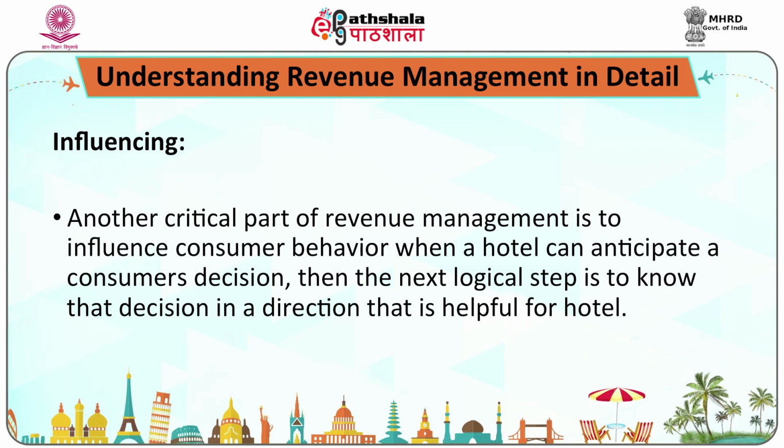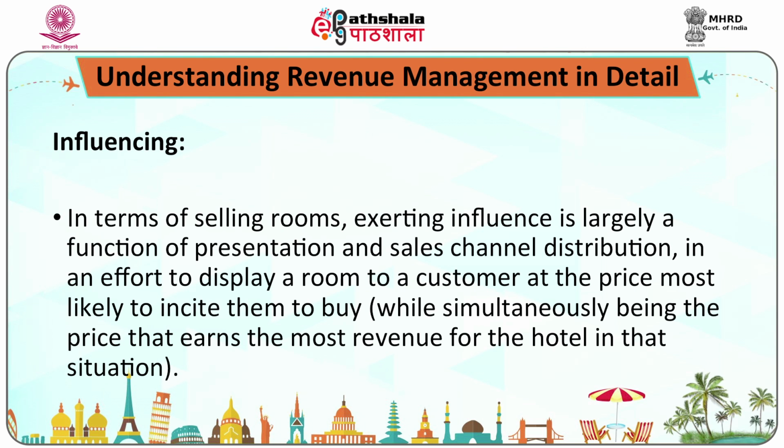When a hotel can anticipate a consumer's decision, then the next logical step is to move that decision in a direction that is helpful for the hotel. In terms of selling rooms, exerting influence is largely a function of presentation and sales channel distribution in an effort to display a room to a customer at the price most likely to incite them to buy, while simultaneously being the price that earns the most revenue for the hotel in that situation.